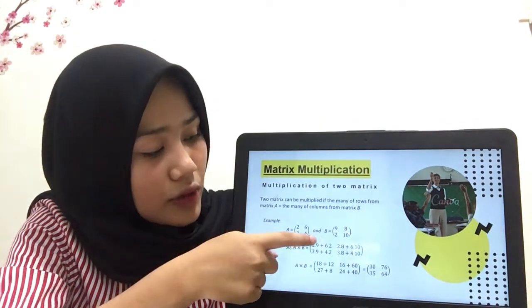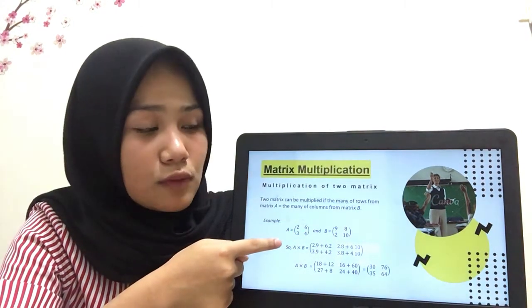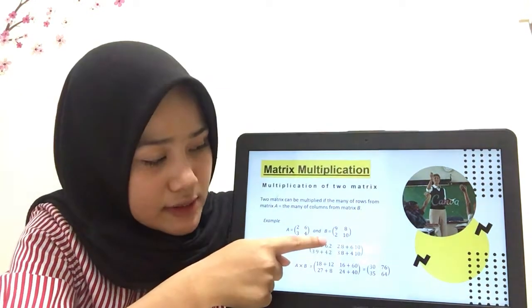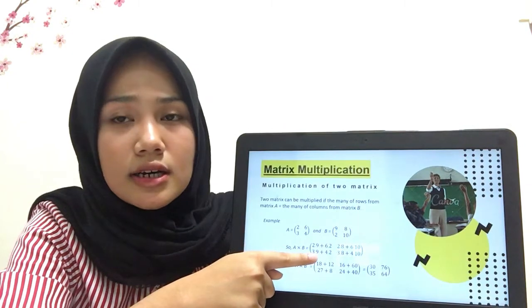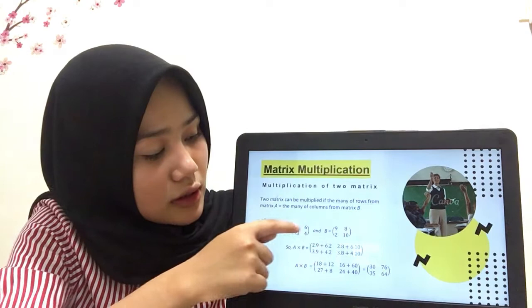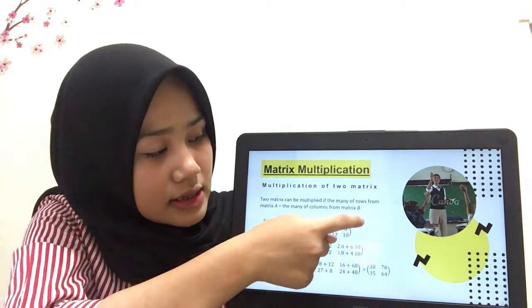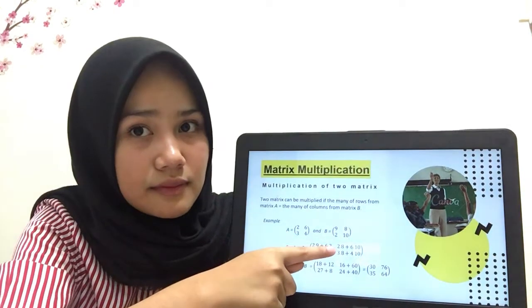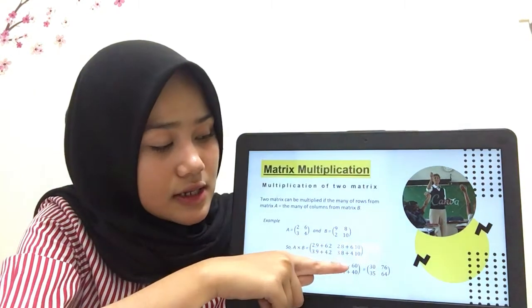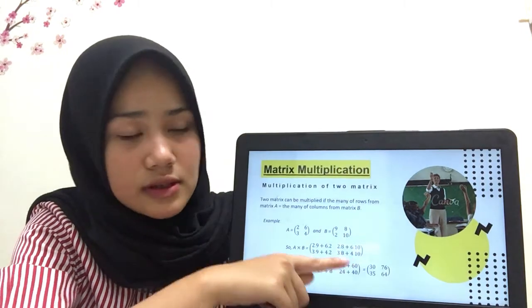And then we multiply the second row from matrix A by the first column from matrix B, and we put it in the second row and the first column. And then the second row of matrix A we multiply by the second column from matrix B, and we put it in the second row and the second column.